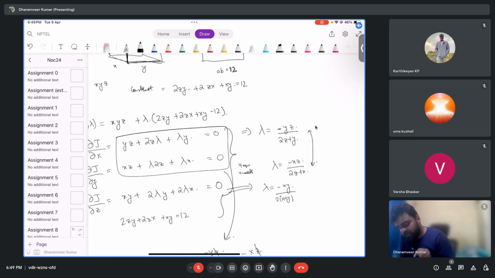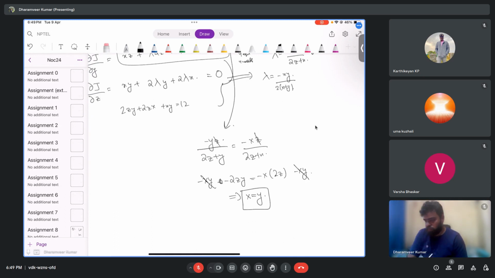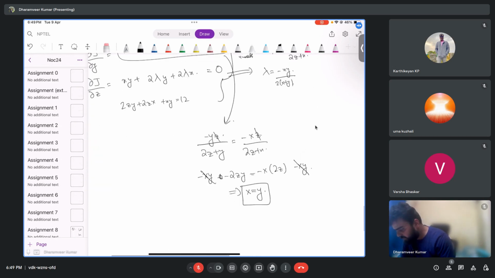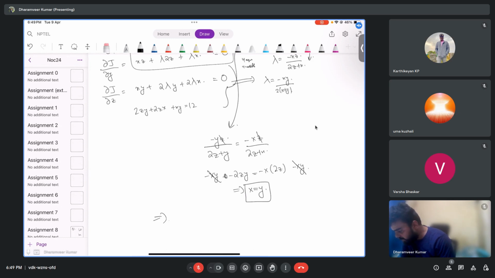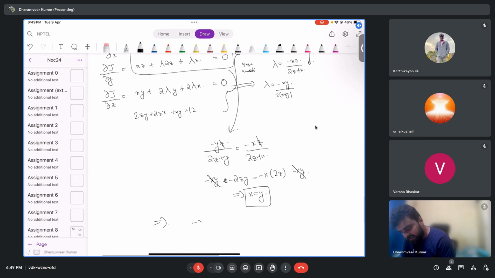Once you do x equal to y, okay, we have compared these two equations. Now let's do with z. Basically minus xz over 2z plus x is equal to, instead of y just write x, minus x square over 4x.